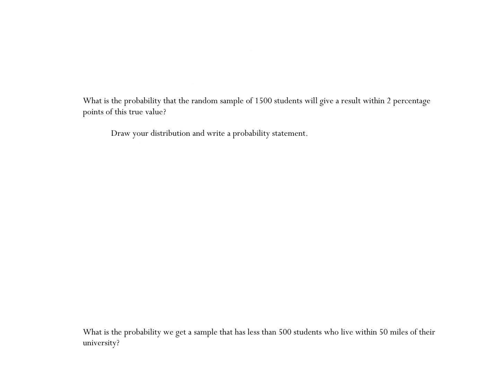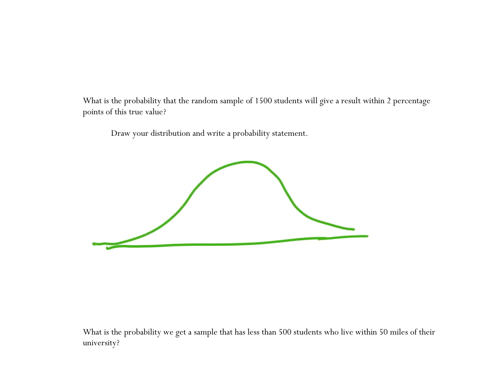If you're this polling organization, isn't it your goal that you want your sample to be at least close to what you're trying to estimate? We know that of all the possible samples, those p hats have a mean of 0.35. The standard deviation of those p hats is 0.012.